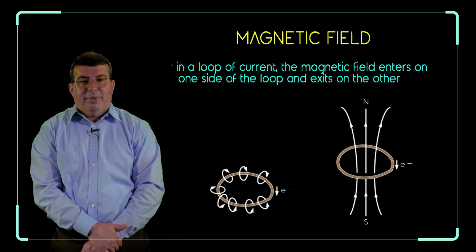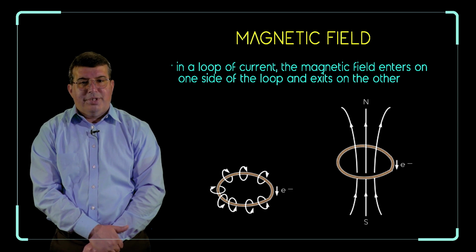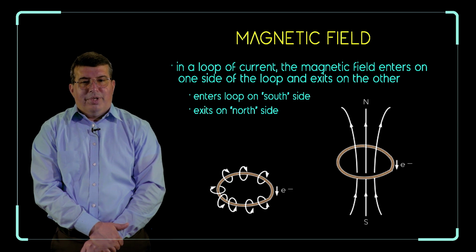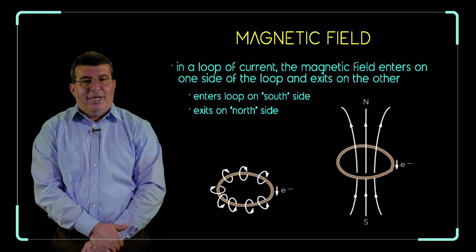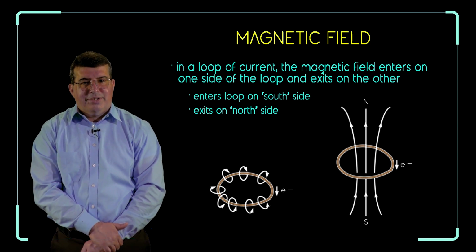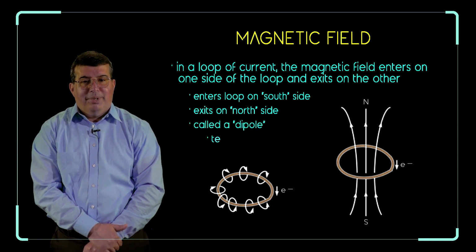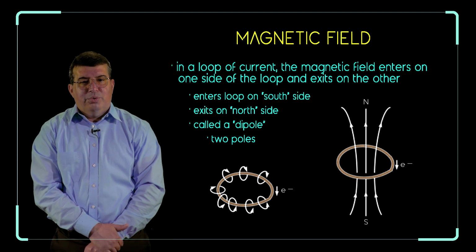In this case, the magnetic field is entering the loop on the bottom and exiting the loop on the top, so that there is a side where the magnetic field goes in and a side where the magnetic field goes out. The side where the magnetic field comes out we call the north side, and the side where the magnetic field goes in we call the south side. And so we call this a dipole, meaning that there are two poles. There is a north pole and a south pole to the loop.